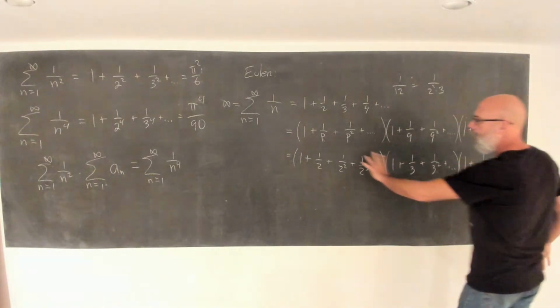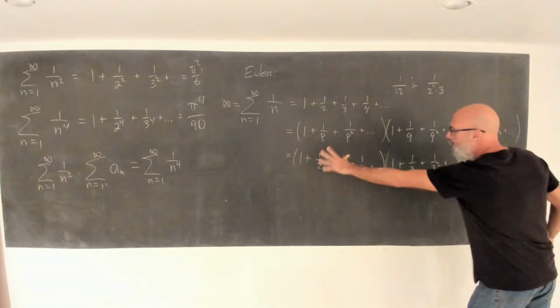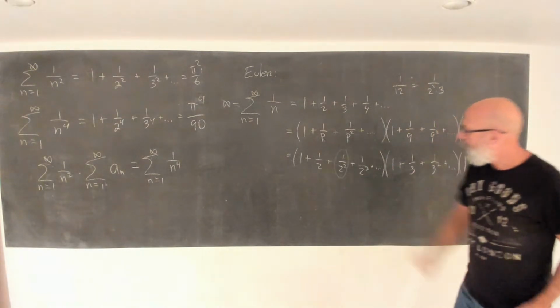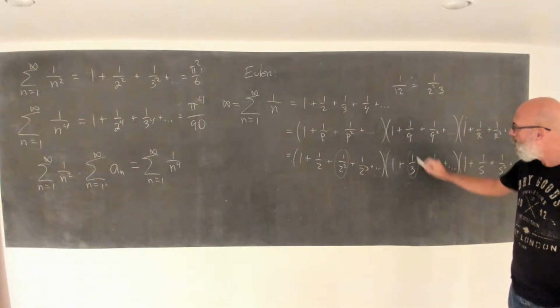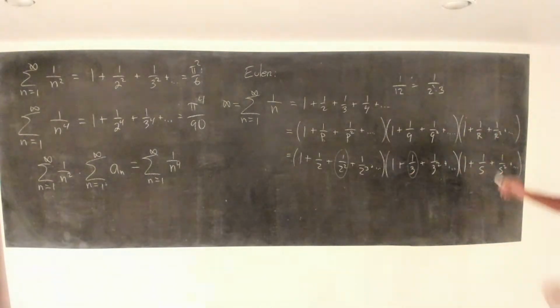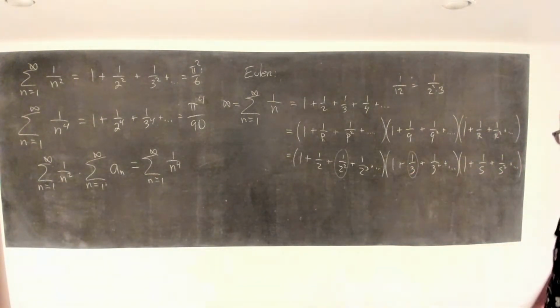So 1 over 12 is going to be part of this product, right? I'm going to take the 1 over 2 squared. I'm going to take the 1 over 3. So this times this, and then times 1 in each of the other terms.